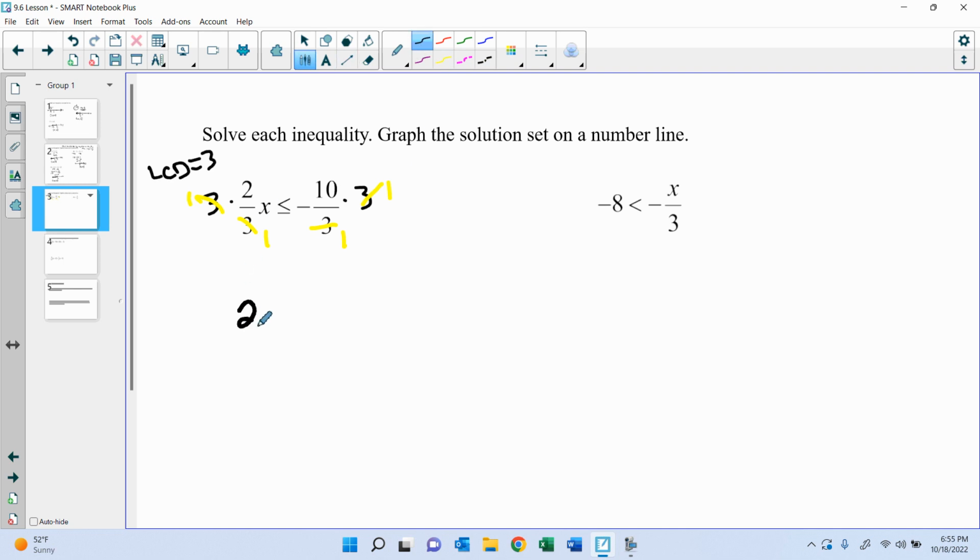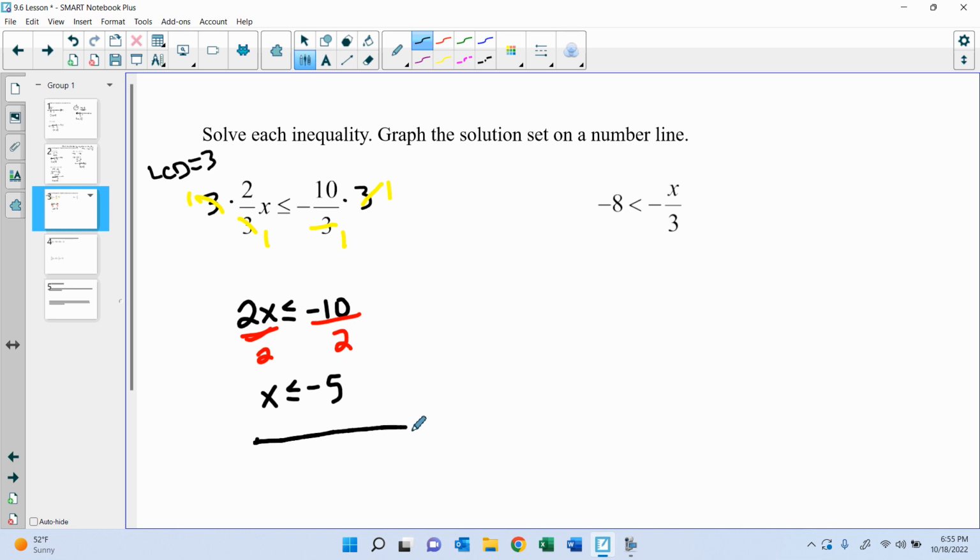So I'm going to have 2x on the left, less than or equal to, because that's going to stay the same. And on the right, I just have negative 10. So again, we made the problem super easy. So I'll go ahead and use color this time, but I think we're getting pretty good at our solving. So we would divide by 2, and then we would get x is less than or equal to negative 5.